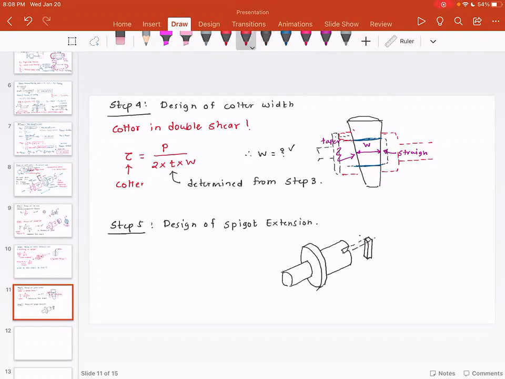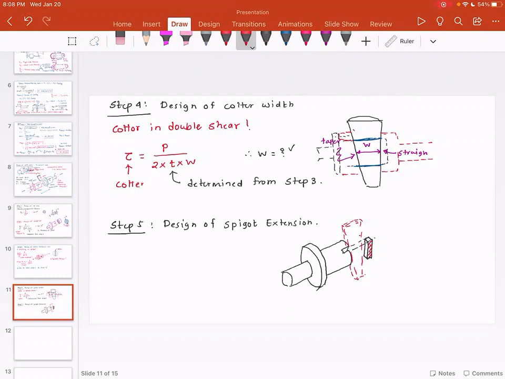So the failure is over here. And why would this failure occur? Because please note, you have this quarter which is sitting over here, and this quarter actually pulls this guy out.